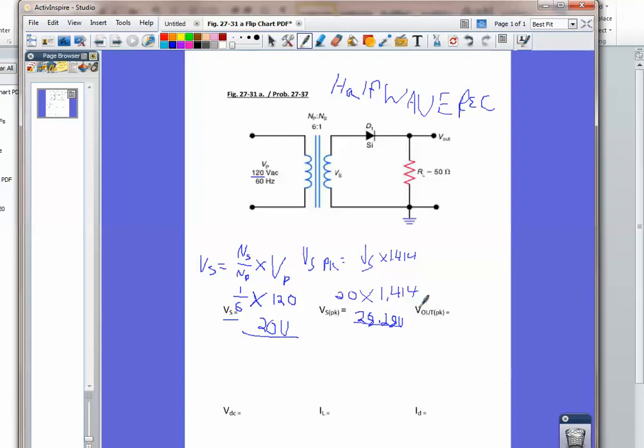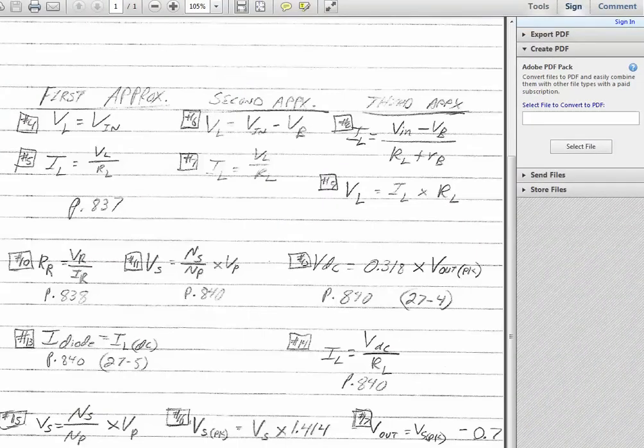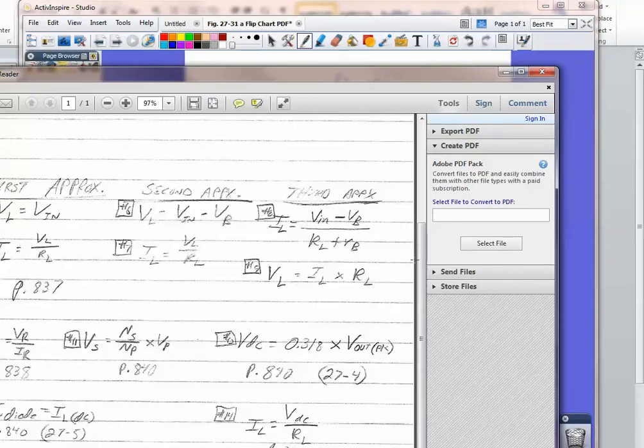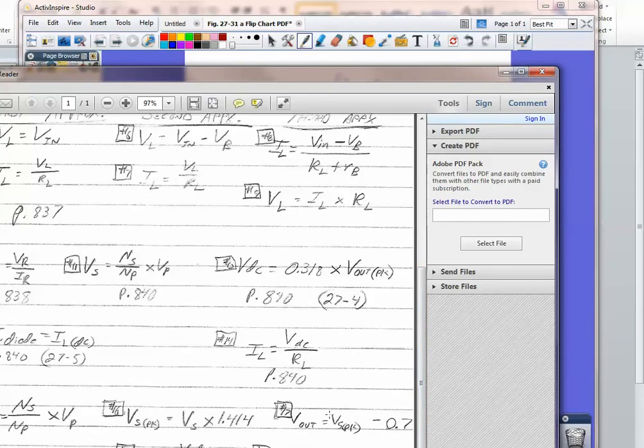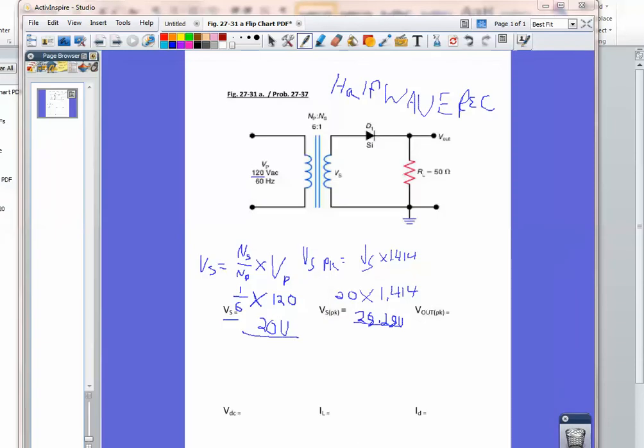Alright, the next thing we want is the V out peak. And to find the V out peak, we have to use formula number 17, which is V out equals Vs peak minus the diode VB. Well, in this case, since we're using a silicon diode, that would be 0.7 volts.